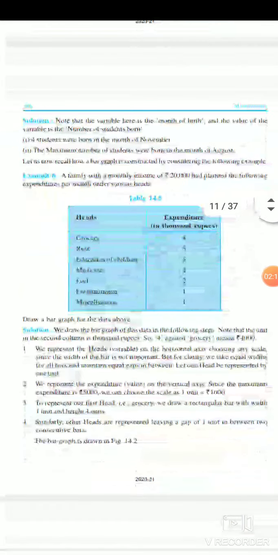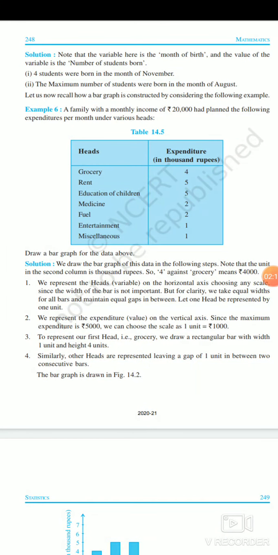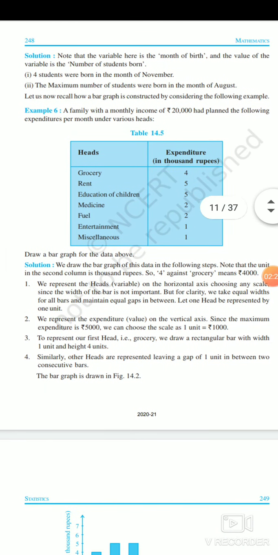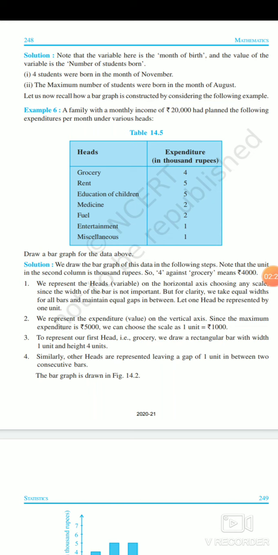Now come to the second, example 6. A family with a monthly income of rupees 20,000 had planned for the following expenditure per month under various heads. Here a table is given. From this table we need to draw the bar graph. For that, in the x-axis heads, in the y-axis expenditure in 1000 rupees.